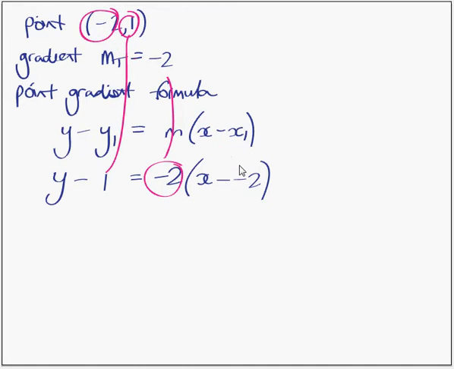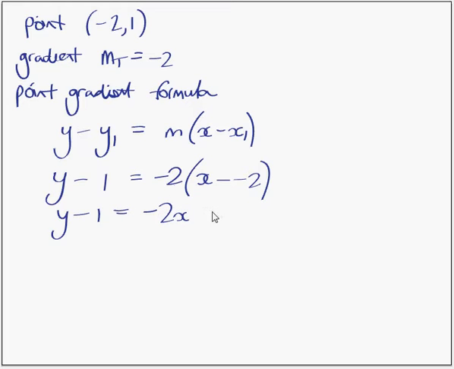Algebra now to tidy this up. Extend this right hand side. This becomes +2. I times it by the -2, I get -4. Bring the 1 over. -4 plus 1 is -3. This is the equation of the tangent at the point where x equals -2.